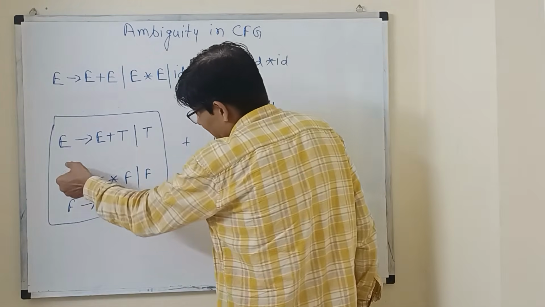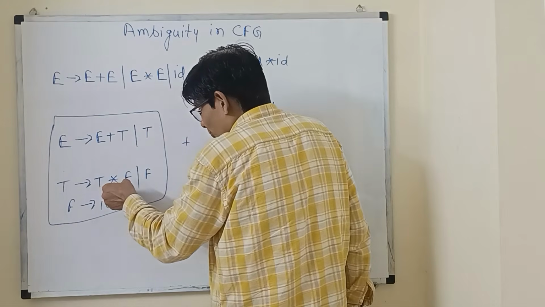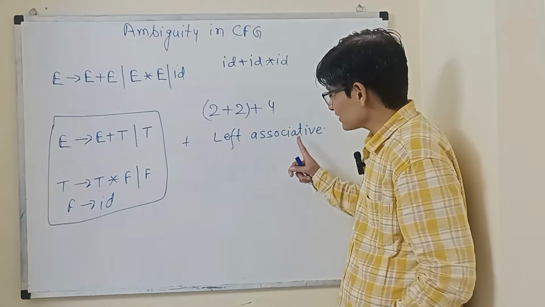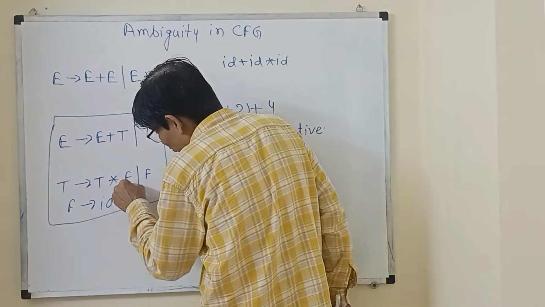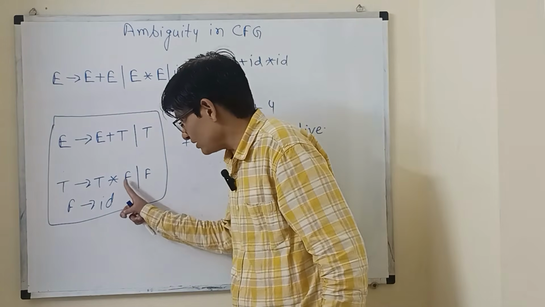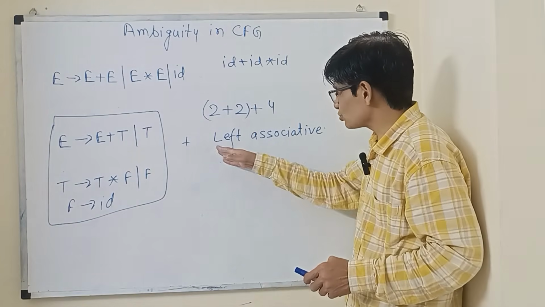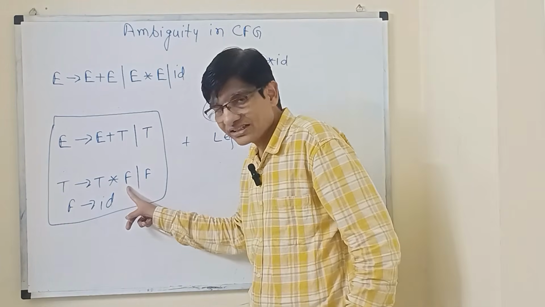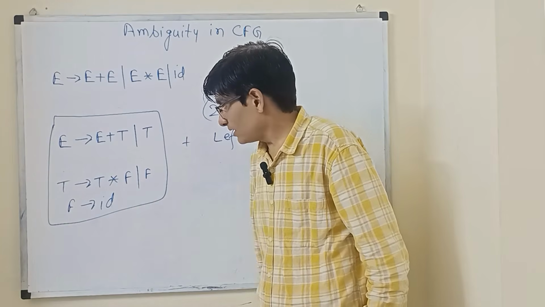Similarly, when we had T gives T cross T, cross or multiplication is a left associative operator, so again we replace the rightmost occurrence of the variable with another variable. So in case of a left associative operator, we replace the right hand side occurrence with another variable.